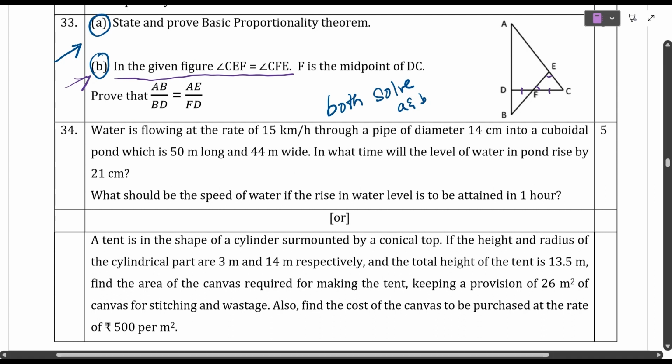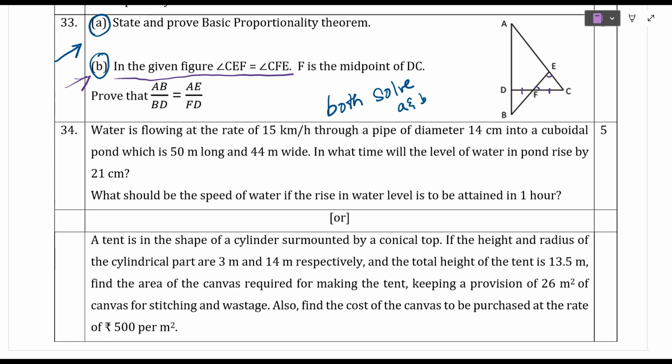Angle E and angle F are equal. Then opposite sides are also equal according to isosceles triangle property. So here we can write CF is equal to CE. And also they have given FD is equal to FC. FC is equal to FD.